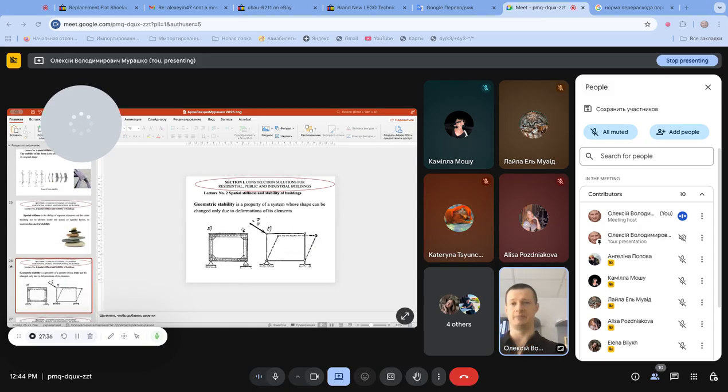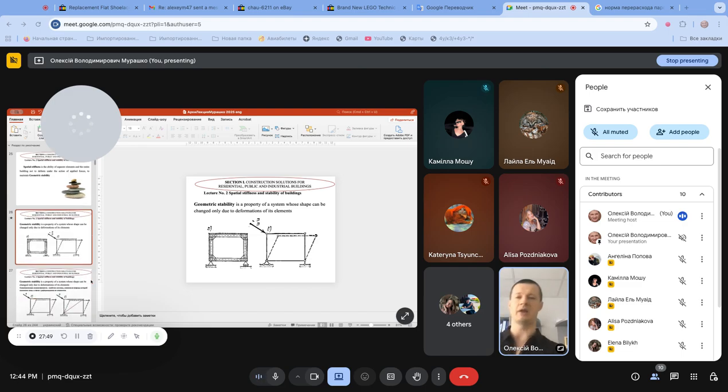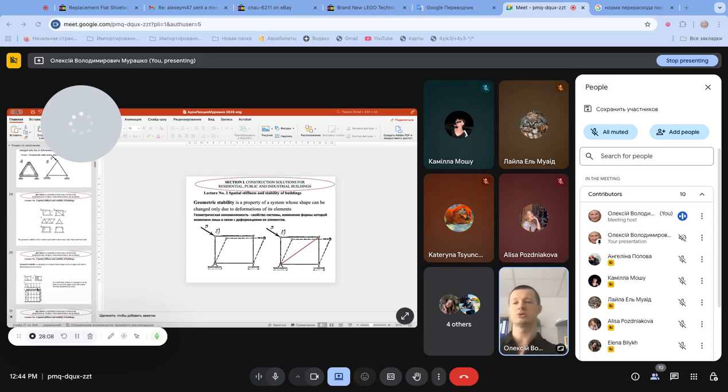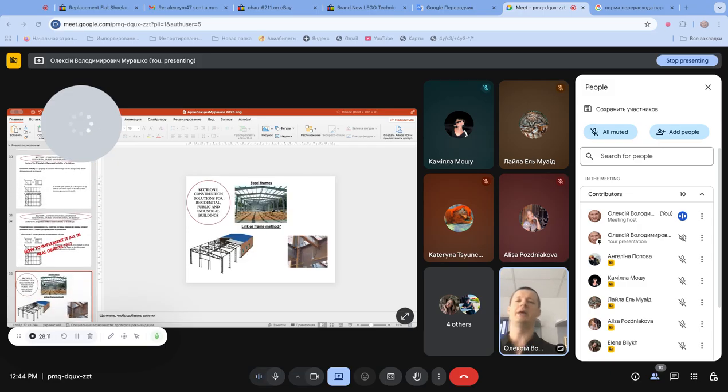Also, we have analyzed geometric stability, and we came to the conclusion that we have two ways to provide geometric stability to our building: the frame method or the link method. The frame method is a rigid connection of beams, and the link method can be used for hinged connection of elements, like a diagonal rod. We have also analyzed how to do this in real life.